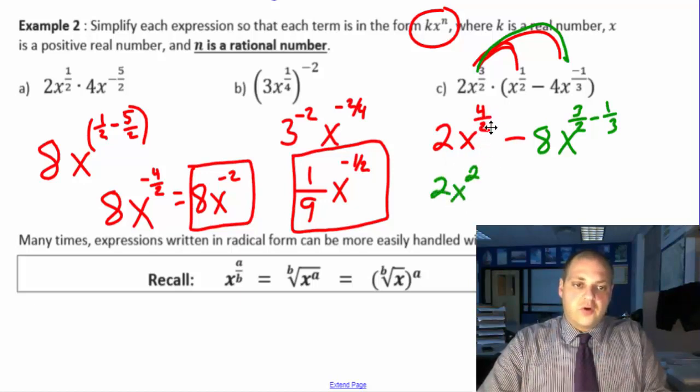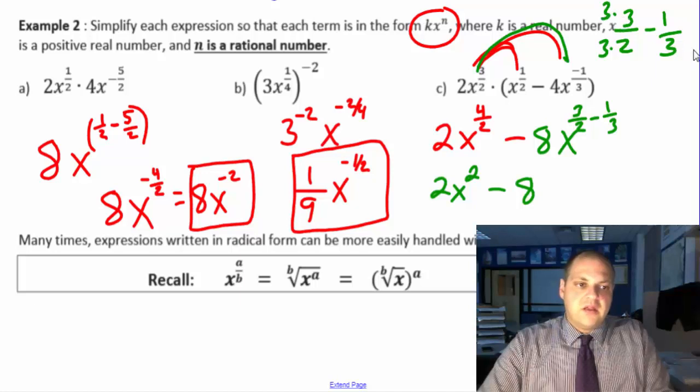That's 2x squared because 4/2 is 2. Minus 8x to what? Well, 3/2 minus 1/3. We're going to go times 3, times 3, times 2, times 2.